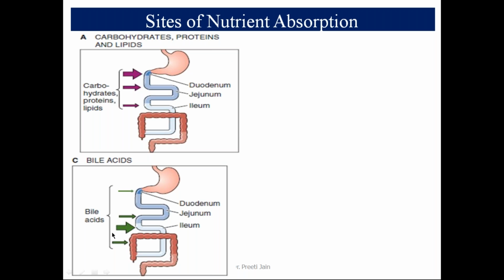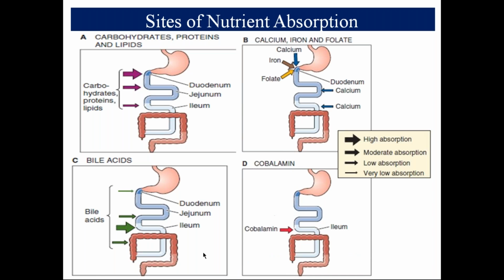Whereas the bile acids, their maximum absorption occurs at the level of the ileum. And for the other substances like calcium, iron, and folate, you can see that they are absorbed in the upper part of the small intestine, whereas the cobalamin is primarily absorbed from the ileum.